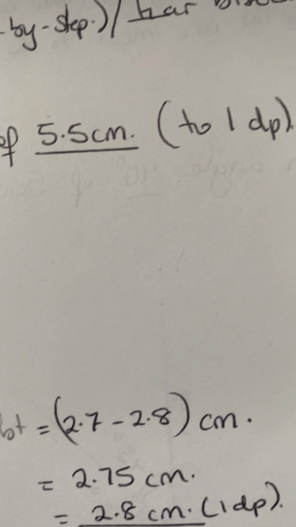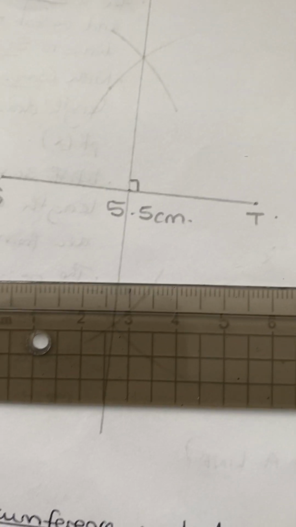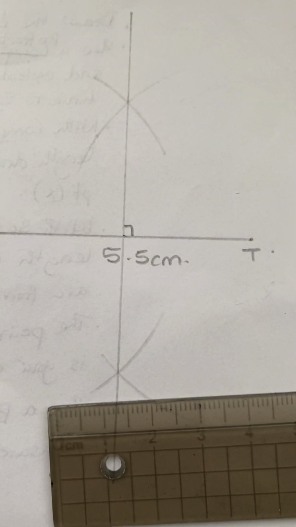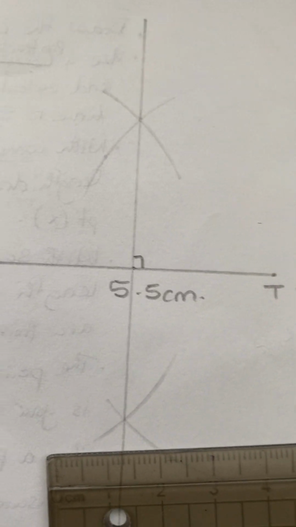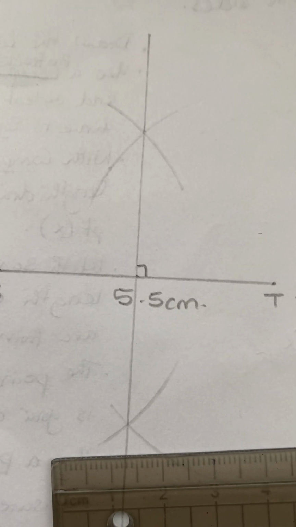Here it says your answer should be in 1 decimal place, because of course if you divide 5.5 by 2, you are going to get 2.75.